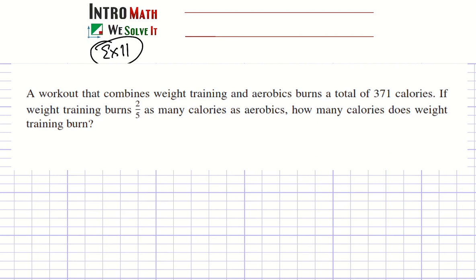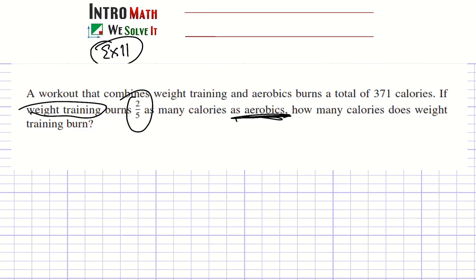In this case, the weight training burns 2/5 as many calories as aerobics. So that means we're going to use aerobics as X. Because he gives us a figure for weight training and then compares it to aerobics, right?